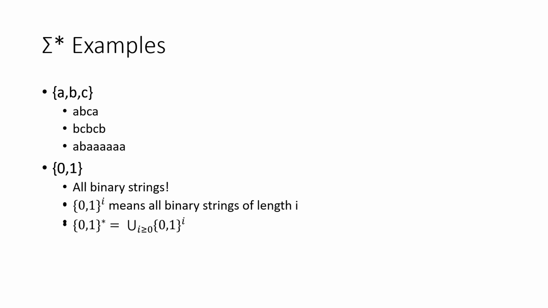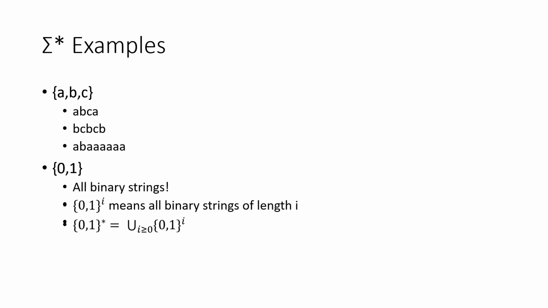So here what I've done basically to show you sigma star is I've replaced the letter sigma with 0 and 1 because that was the alphabet, and it's still in set notation here. So rather than writing sigma to the i, I have written {0, 1} in curly braces to the i. Okay, so those are some examples of sigma star over 2 different alphabets.